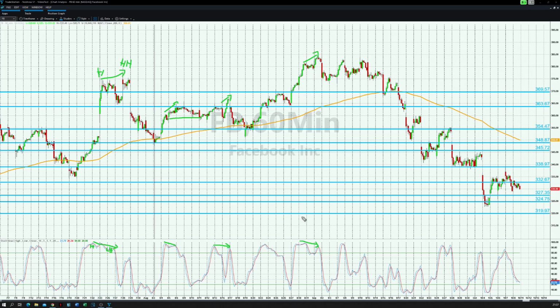Higher highs with the price, lower high with the indicator. But now let's look on the continuation divergence. Those are much more important, and so let's see how we can identify the continuation to the upside, what we want to see.